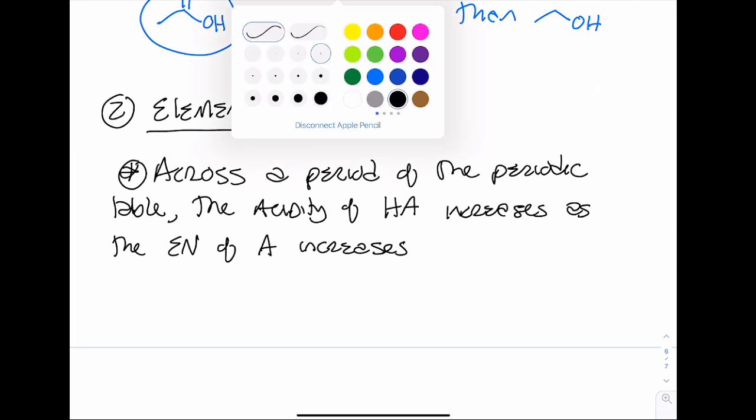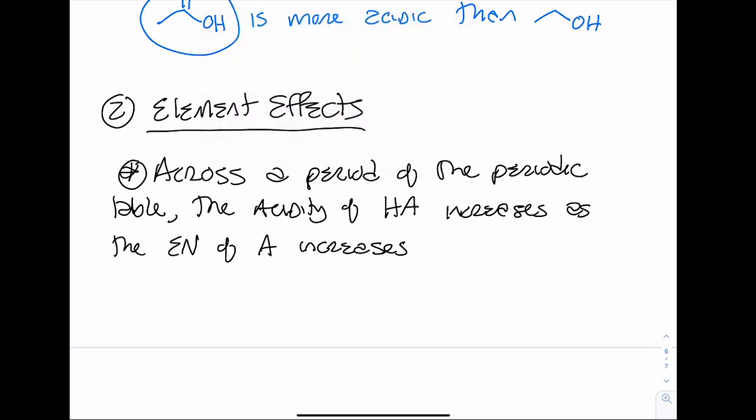So be careful on these. Our trend is going to be different for going across than it is down. So going across, the acidity is going to increase as the electronegativity increases.